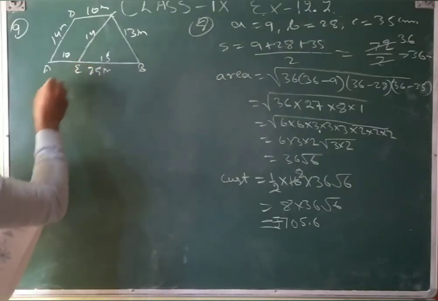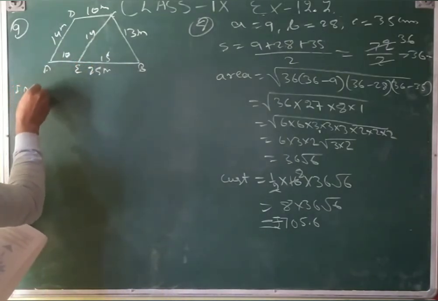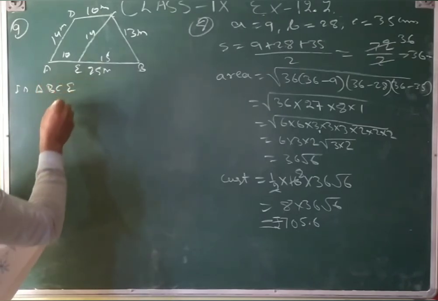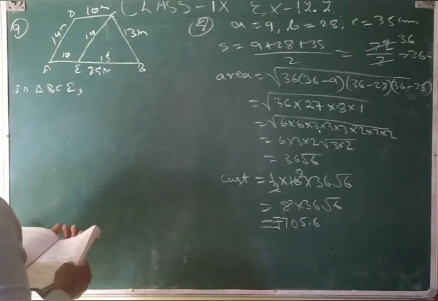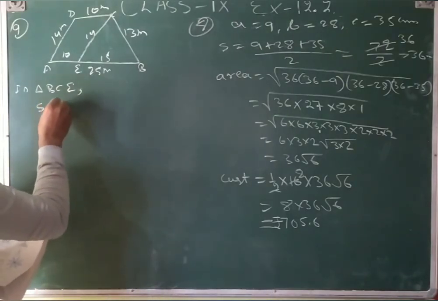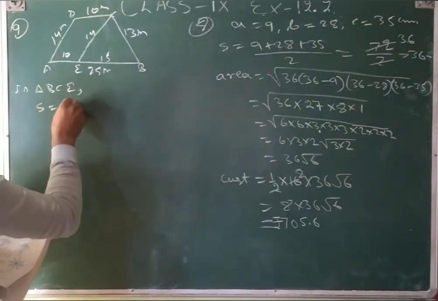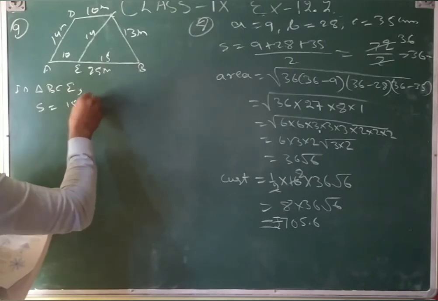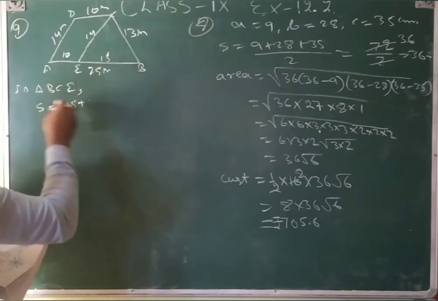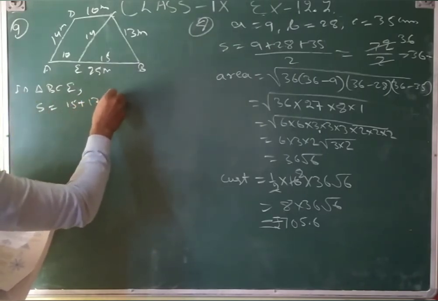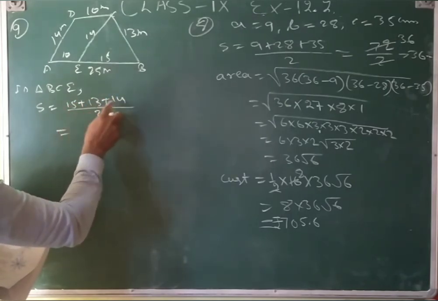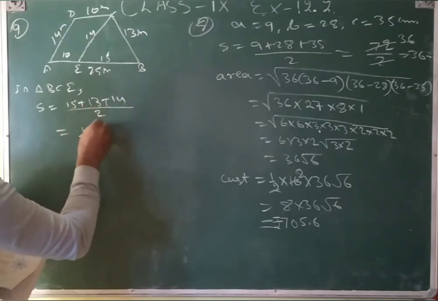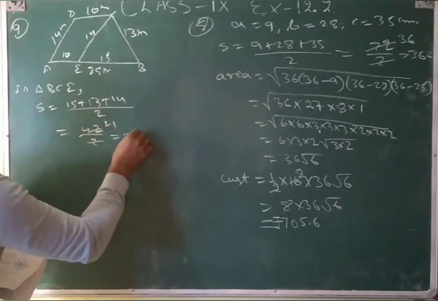So that is E, in triangle BCE, area. S is equal to A plus B plus C upon 2. So that will be 15 plus 13 plus 14 is 42 upon 2, that is 21.